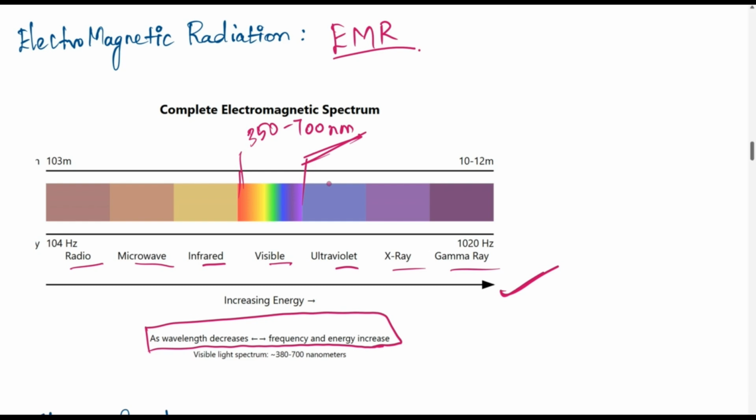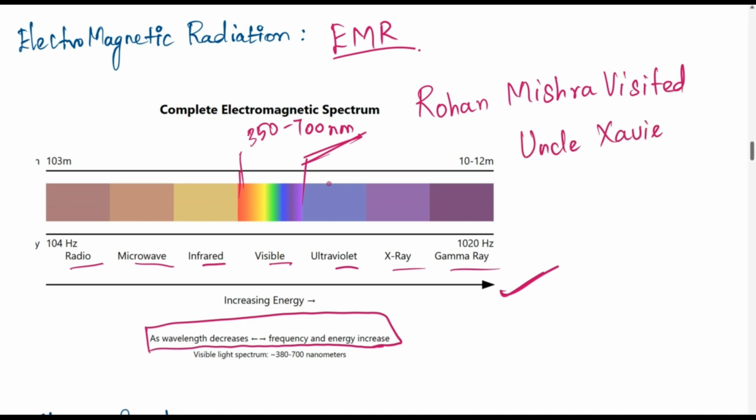So how to remember this order? You can go about the simple mnemonic: Rohan Mishra visited Uncle Xavier's garden.